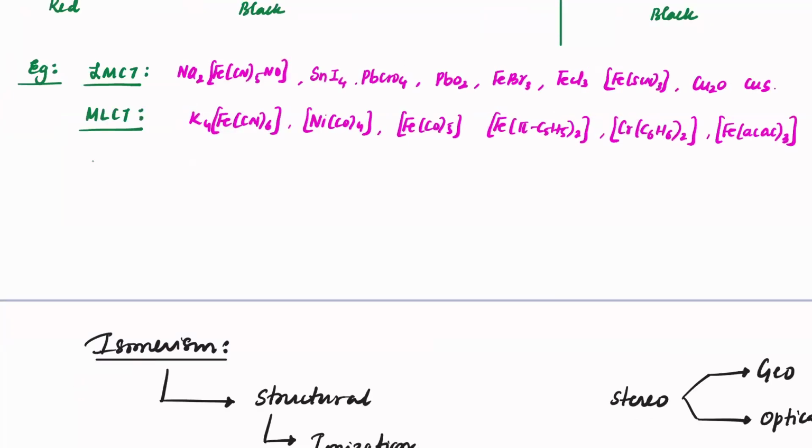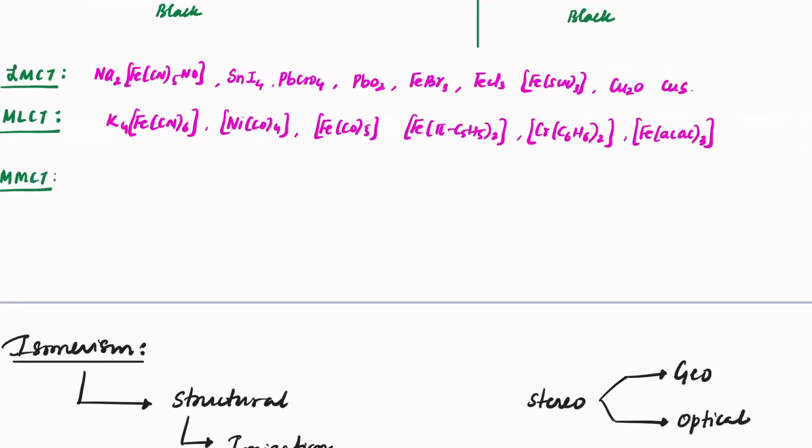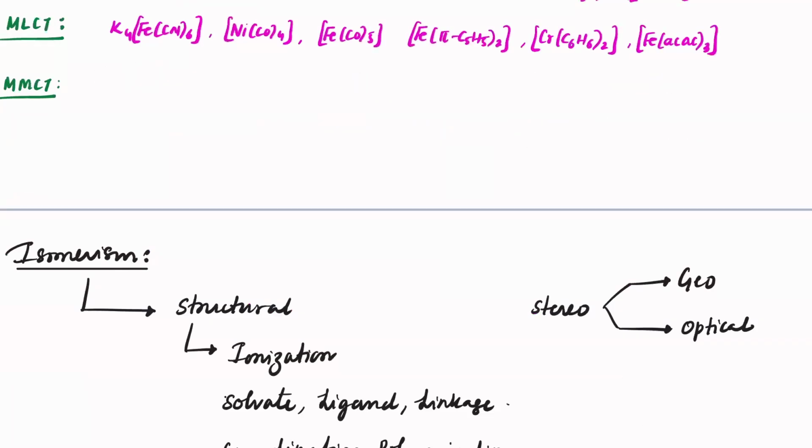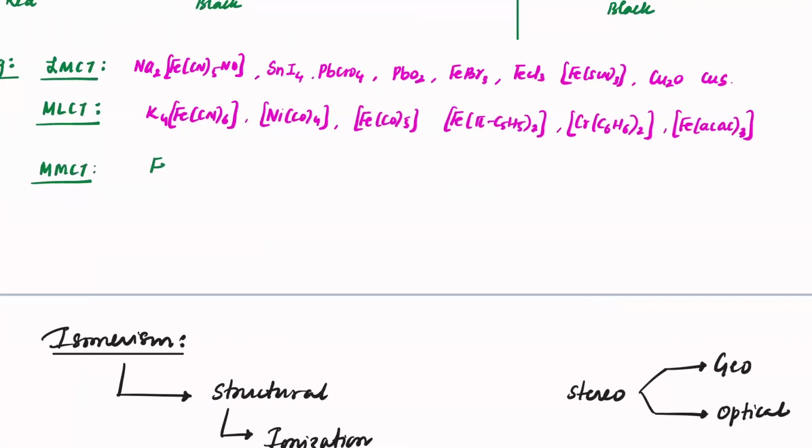Last one is MMCT cases, metal to metal charge transfer. Right. So if you have cases like Fe[Fe(CN)6] this way.